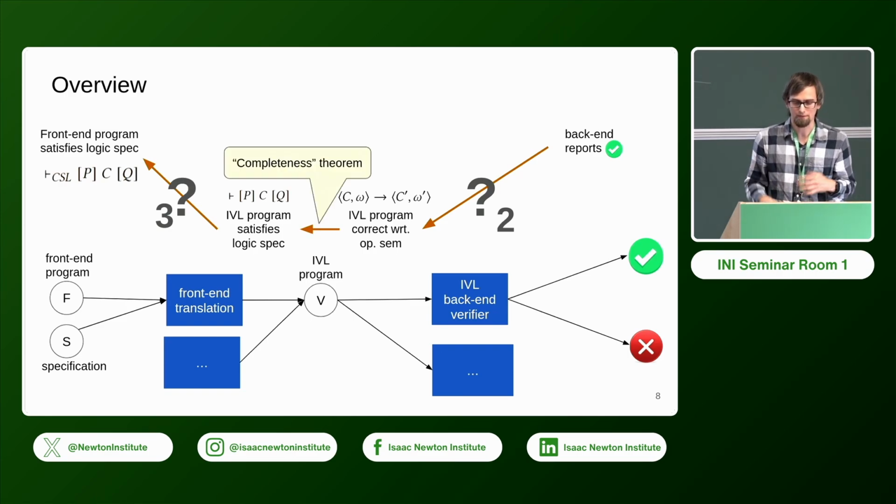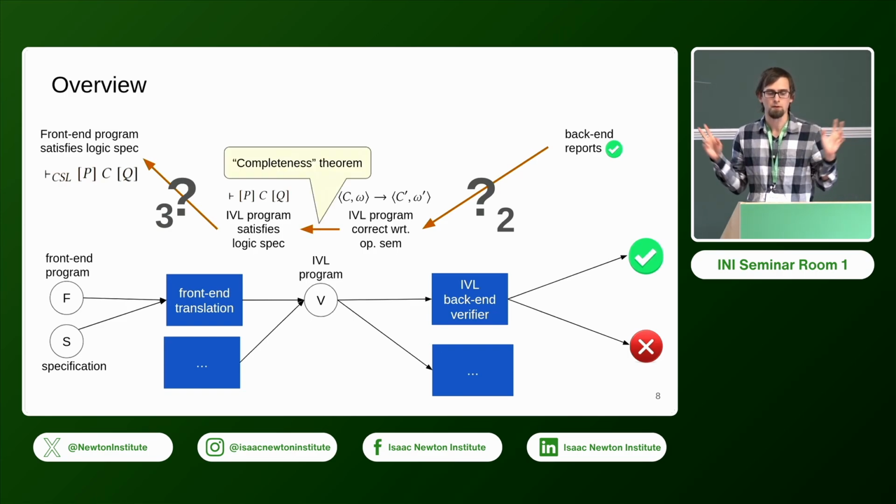These two semantics are linked with what I call a completeness theorem, which says that if an IVL program is correct with regard to the operational semantics, then we can obtain a proof in the separation logic for core IVL.